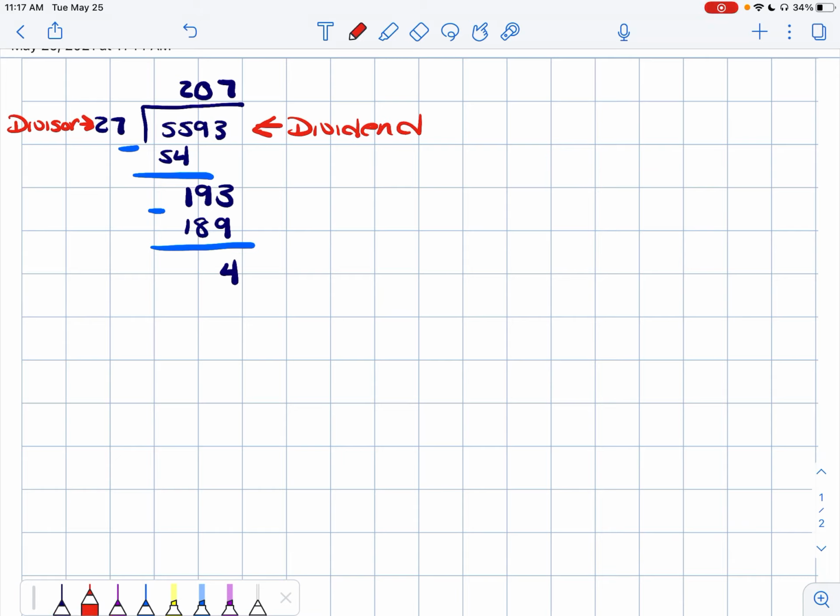Okay, so the 207 is our quotient, and the 4 is our remainder.